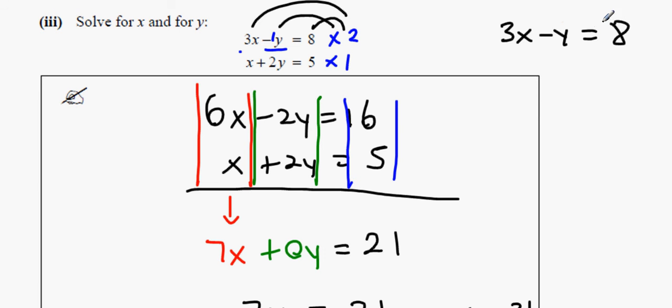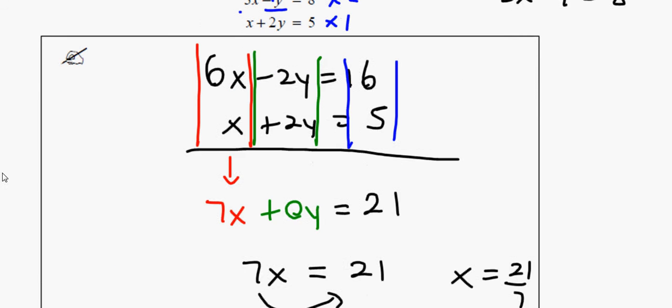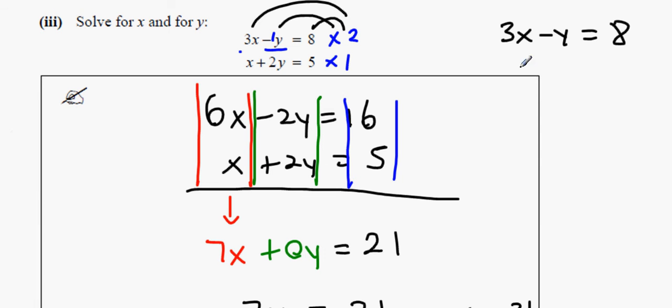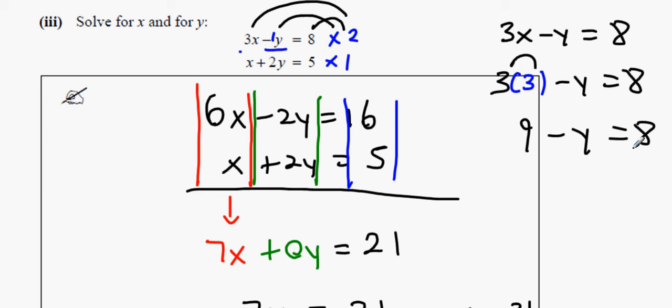If x is 3, just replace x with 3. So 3 multiplied by 3 minus y equals 8. 3 multiplied by 3 is 9. 9 minus y equals 8. Therefore, y has to be 1, because 9 minus 1 equals 8. Okay, so y equals 1.